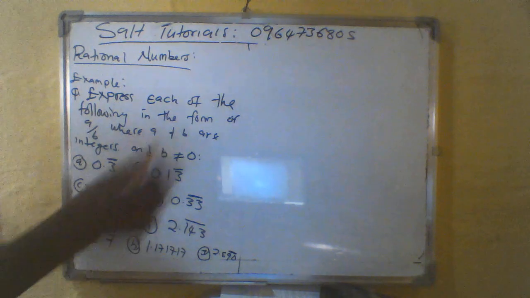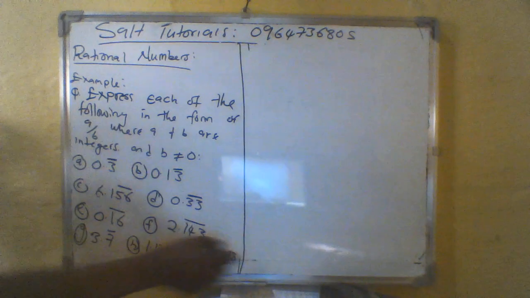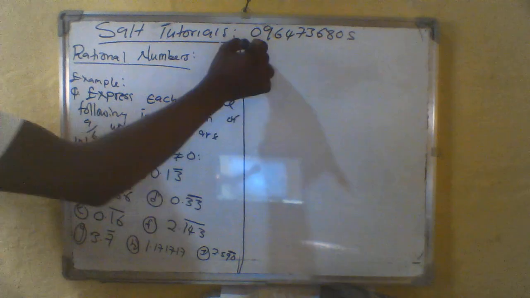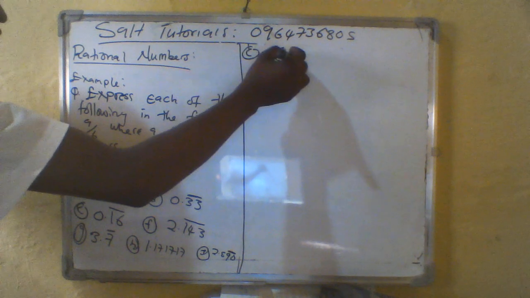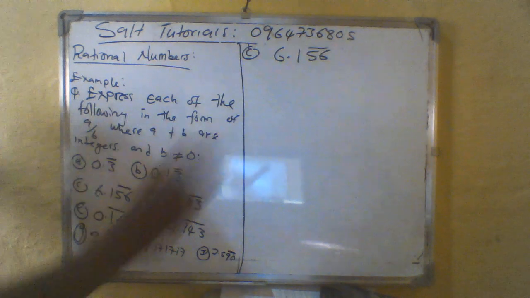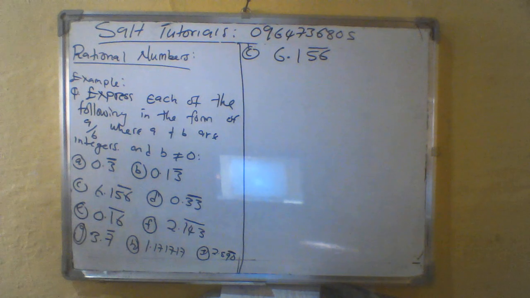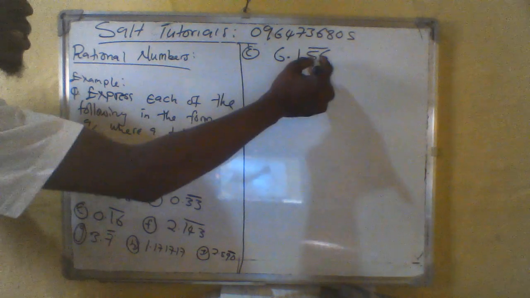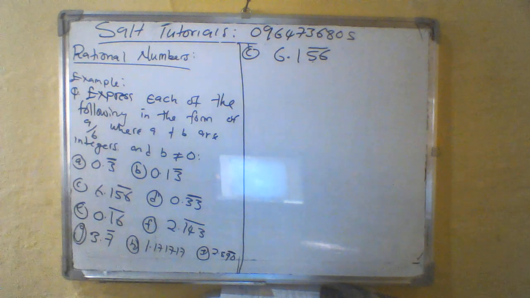So C is 6.156 bar. So how do I express that in the form of a over b? So identify the repeating part first. What is the repeating part here? The repeating part is 5, 6. 1 is not repeating.